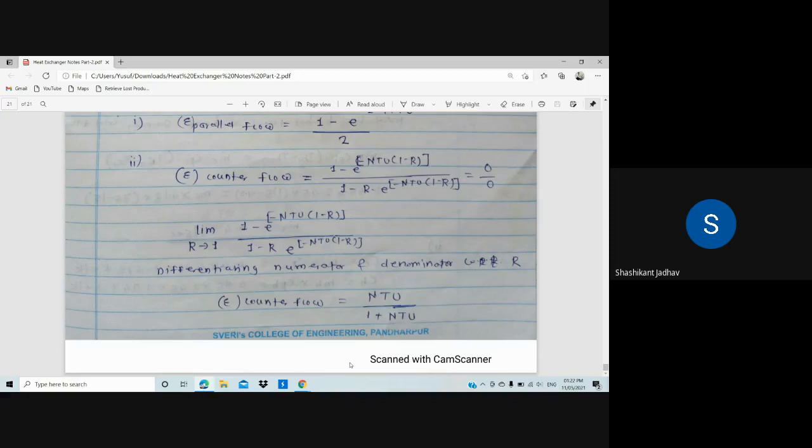And what is that equation? Take the differentiation of numerator and denominator. So at the numerator we get NTU and at the denominator we get 1 plus NTU.